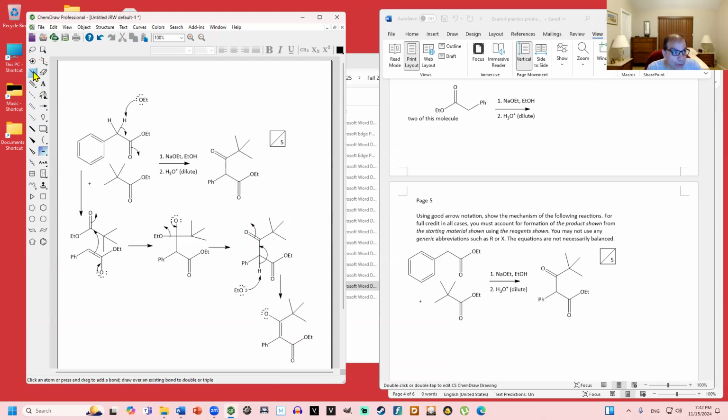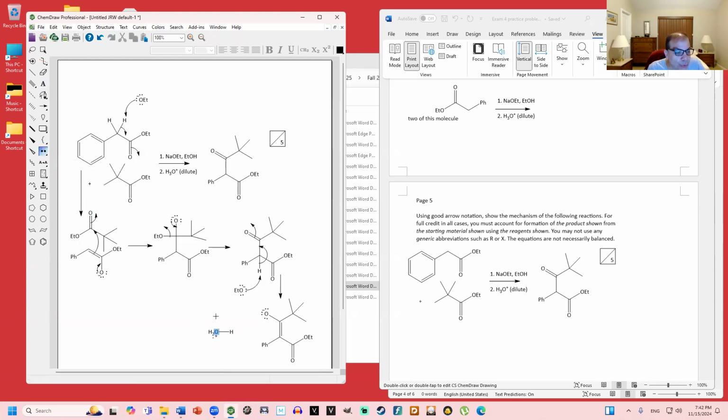And that enolate is going to be swimming around quite happily in the alkaline medium until we add dilute aqueous acid. The first effect of the dilute aqueous acid is going to be to neutralize any leftover sodium ethoxide.